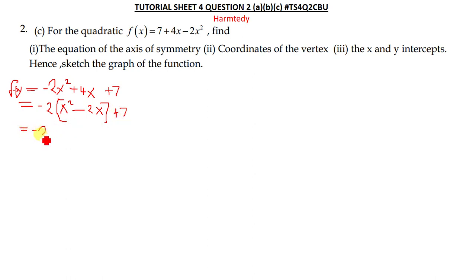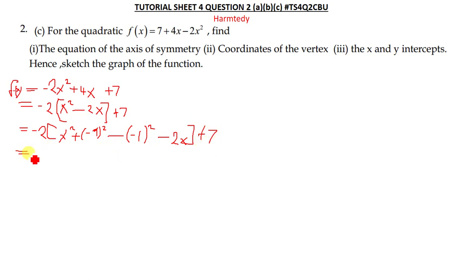So we complete the square of what is in the brackets there. So we're going to have x squared plus, -1. So half of this is -1 squared, then minus -1 squared, then minus 2x, then we say plus 7.